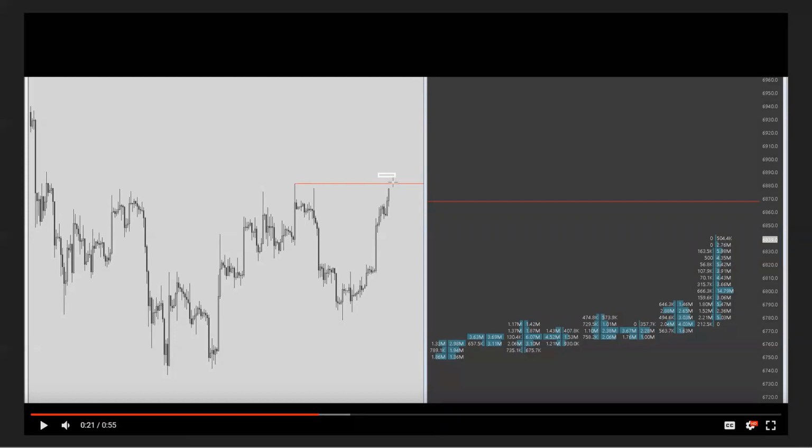So price is very quickly going to consume whatever sell liquidity is in this low volume area, which is not much. Okay, so one, you're going to get slipped. Two, price is going to become very volatile. It also has the potential to fail.